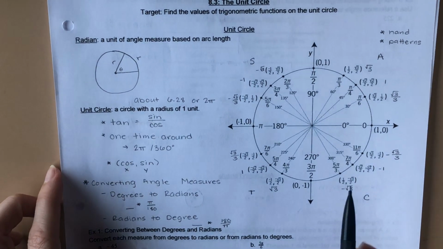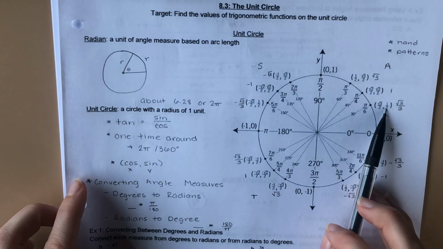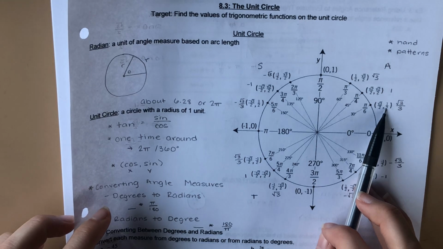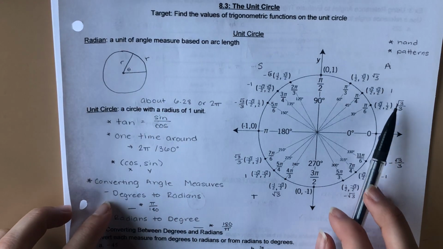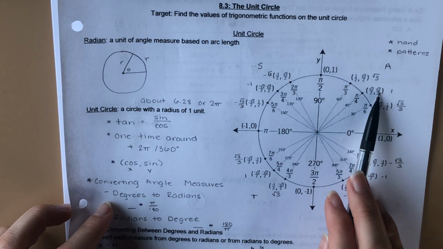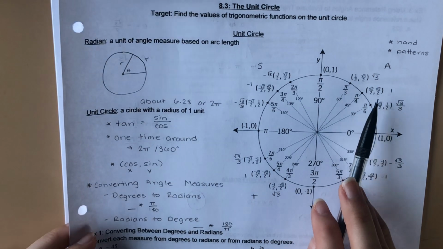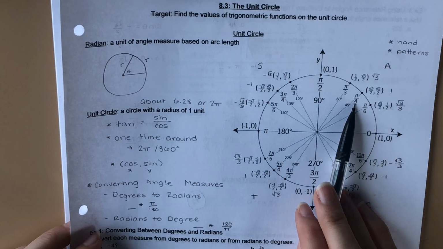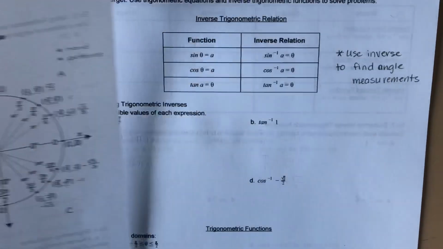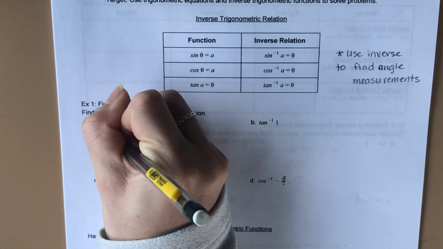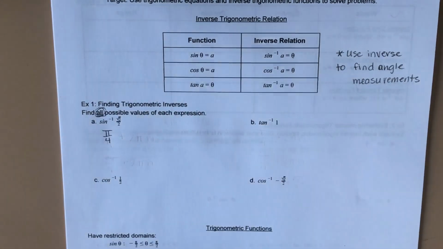If I look here, it goes cosine, sine. So I have sine being 1/2. That doesn't work, so we're going to the next one. Sine is root 2 over 2. That does work. So I know that the angle measurement is going to be pi over 4.